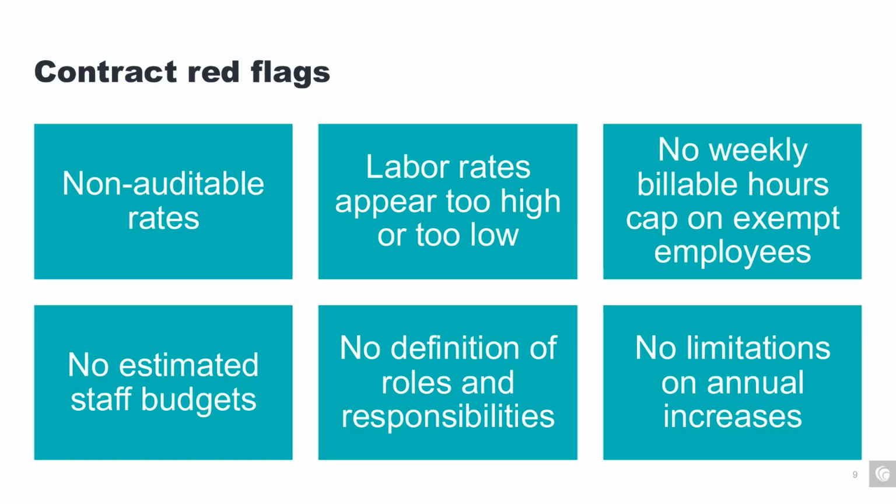Without a cap on billable hours for exempt staff, contractors can bill excessive hours without accountability. Remember, contractors do not incur actual costs when salaried employees work more than 40 hours per week.